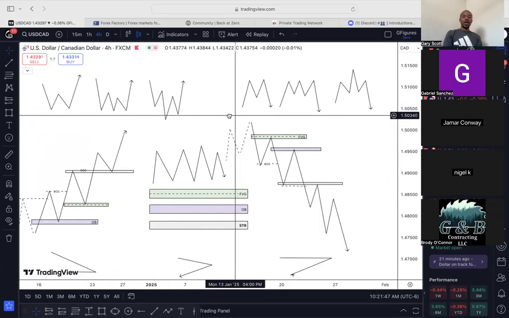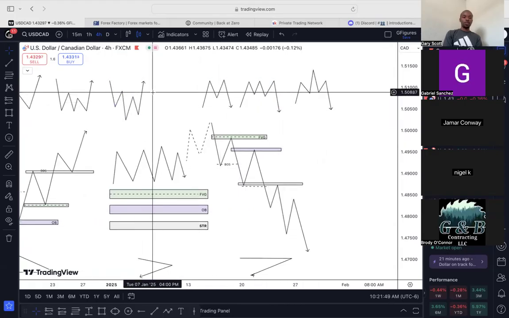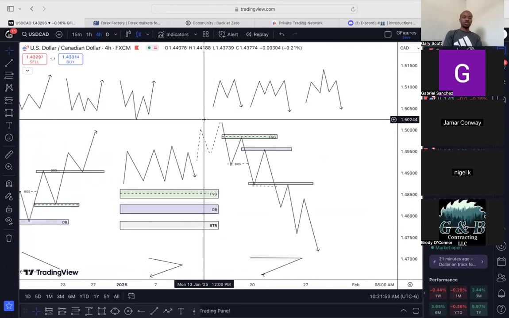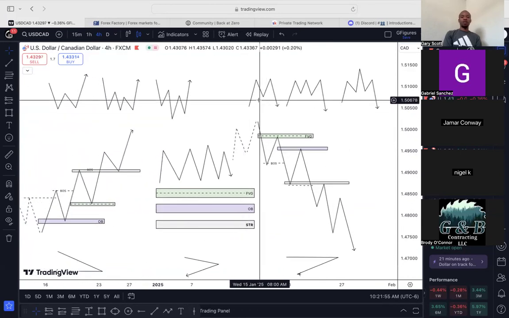Then you have the bearish ones, same thing, opposite side, flipped around. Nothing changes. Nothing is new under the sun, which means nothing new is going to be in the market. It's going to be the same thing replicated over and over again. And you've got to find a way to make it make sense and be as simple as possible to you.